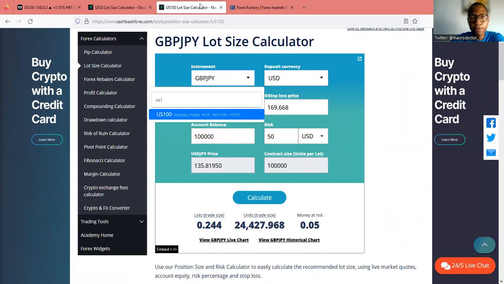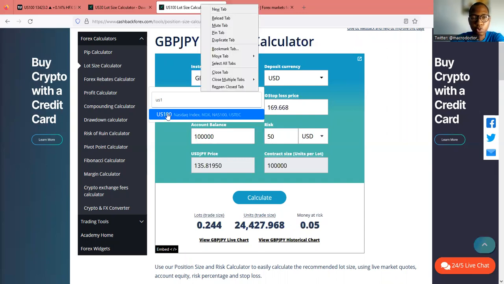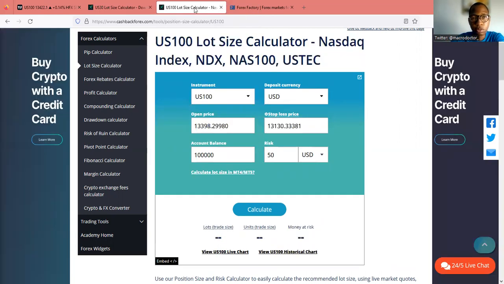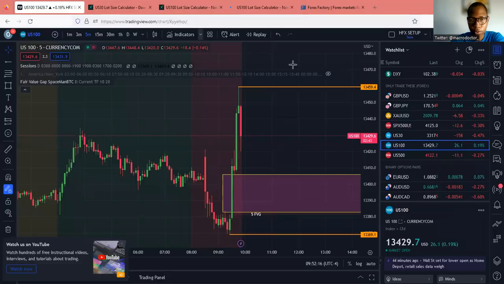Let me set all of these up. I've already checked the news. There's no news. The news already happened by 8:30 New York time. So there's no new news that we are waiting for. Nothing by 10. Okay. So we just set up US 500 there once it's time.